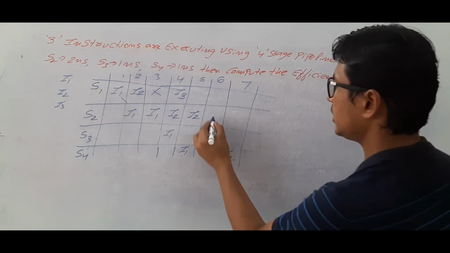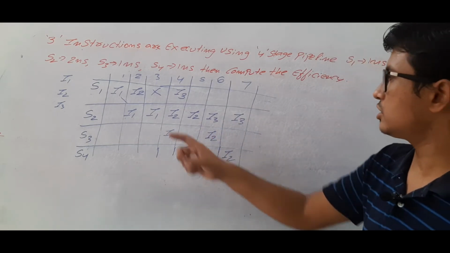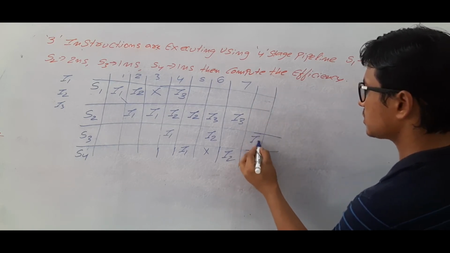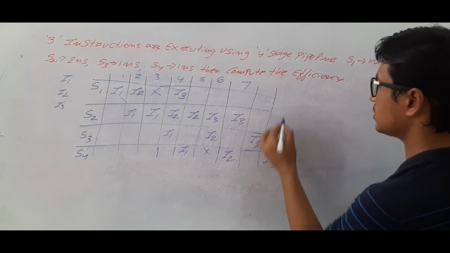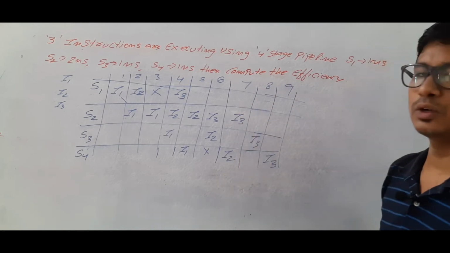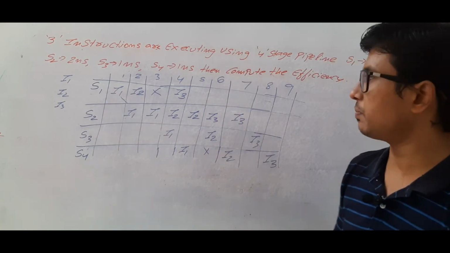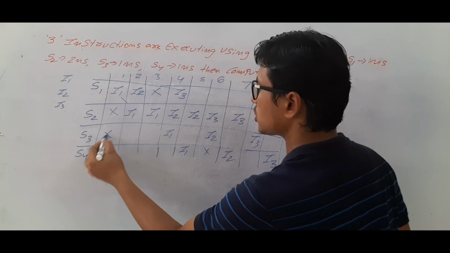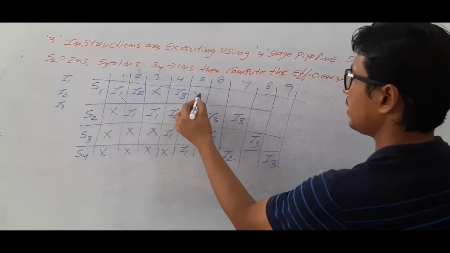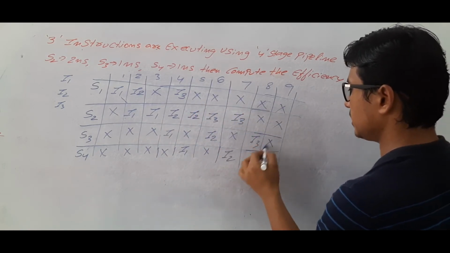It will execute for 2 nanoseconds in stage 2, then go to stage 3 and then stage 4. So in total we took 9 nanoseconds to execute 3 instructions using this 4-stage pipeline. So all the remaining ones are stall cycles. Wherever you are not able to utilize the cycle, we call it a stall cycle.